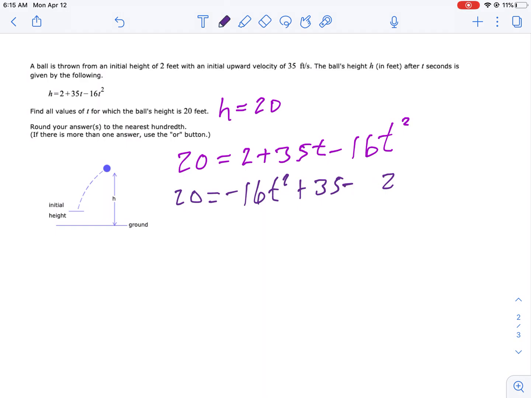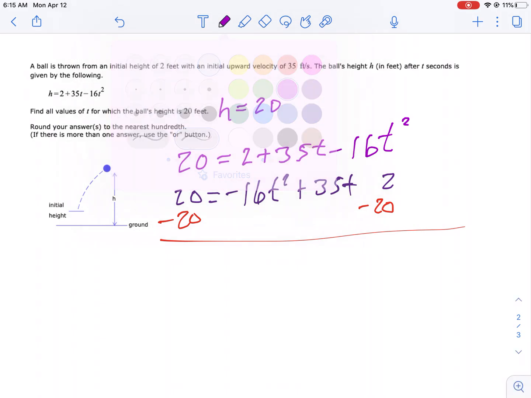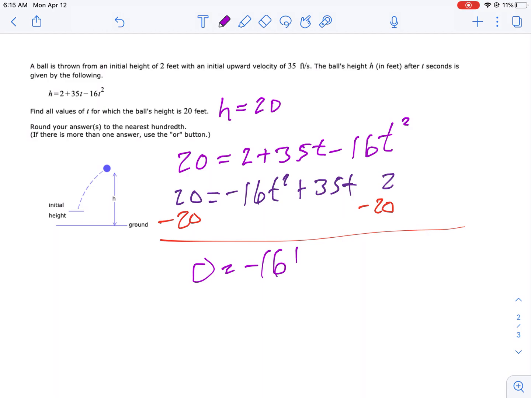Then we're going to subtract 20 from both sides. So 0 equals negative 16t squared plus 35t minus 18.